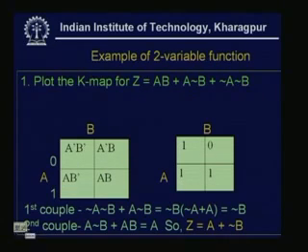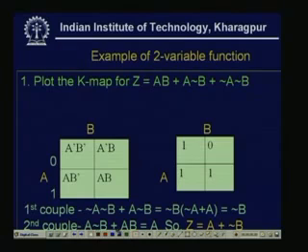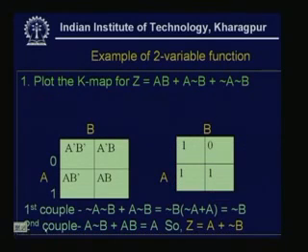Now see here, if I plot that, there will be 2 couples, this is one couple and this is another. A B bar is common in both couples. So the first couple will be A bar B bar plus A B bar, and if I take B bar common, this will be only B bar.